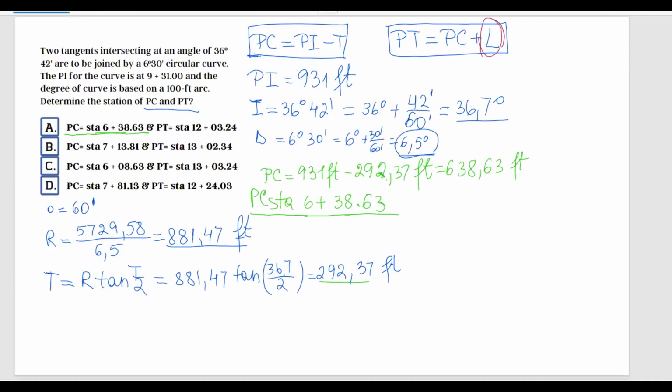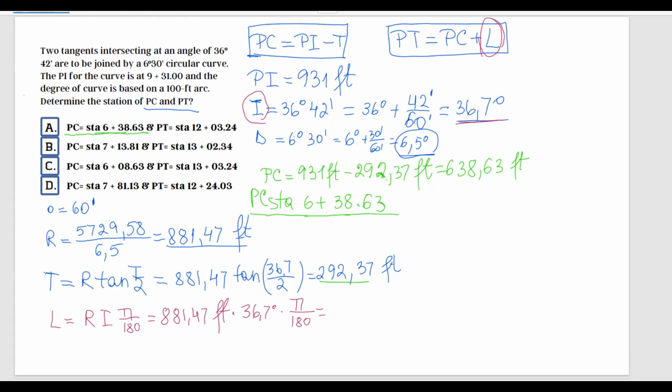Let's write this down here into our problem. So L equals R times I times pi over 180. And we have R previously calculated, so it's 881.47 feet multiplied by the angle I, which is right here, 36.7 degrees, and multiplied by pi divided by 180.